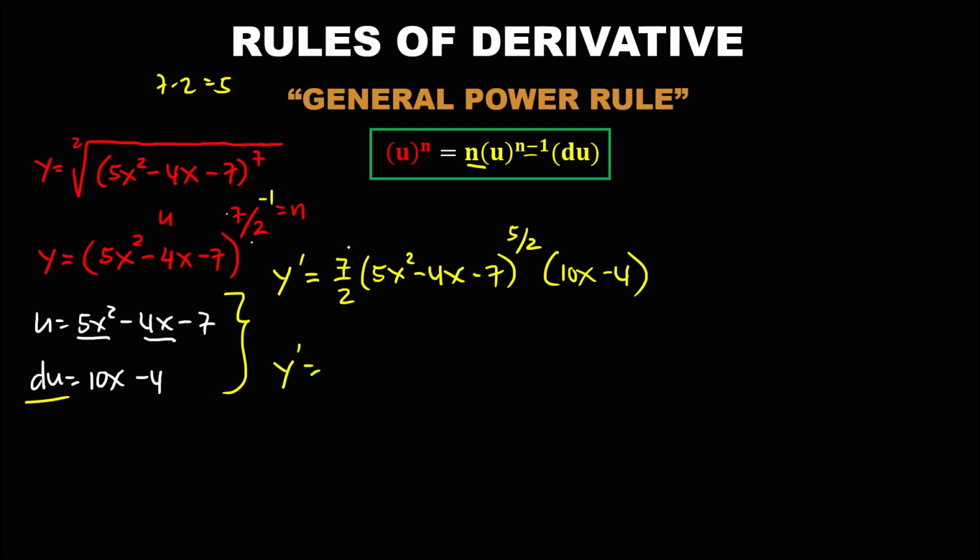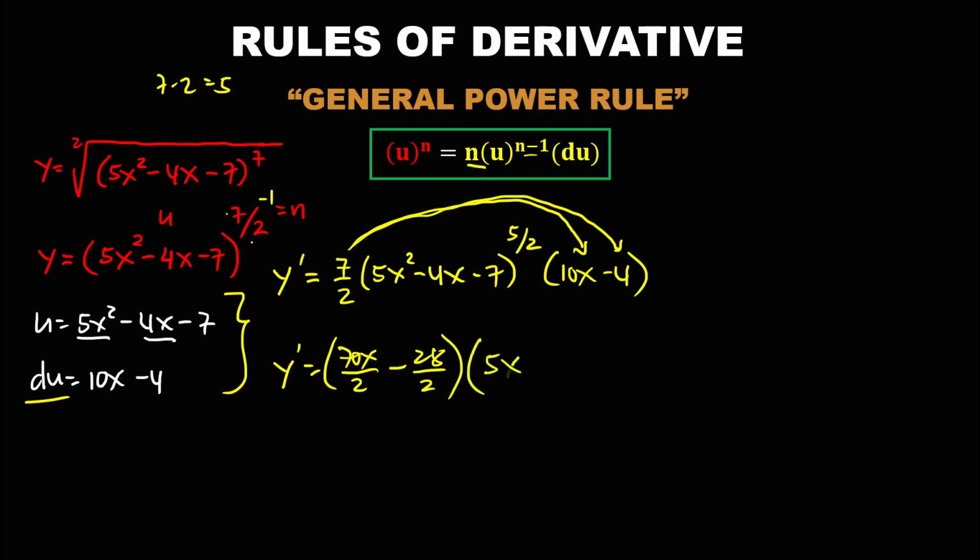Then to simplify, multiply this 7/2 to 10x. So 7 times 10 is 70x/2. Then 7 times negative 4, that's negative 28/2. Then times 5x squared minus 4x minus 7 to the power 5/2.